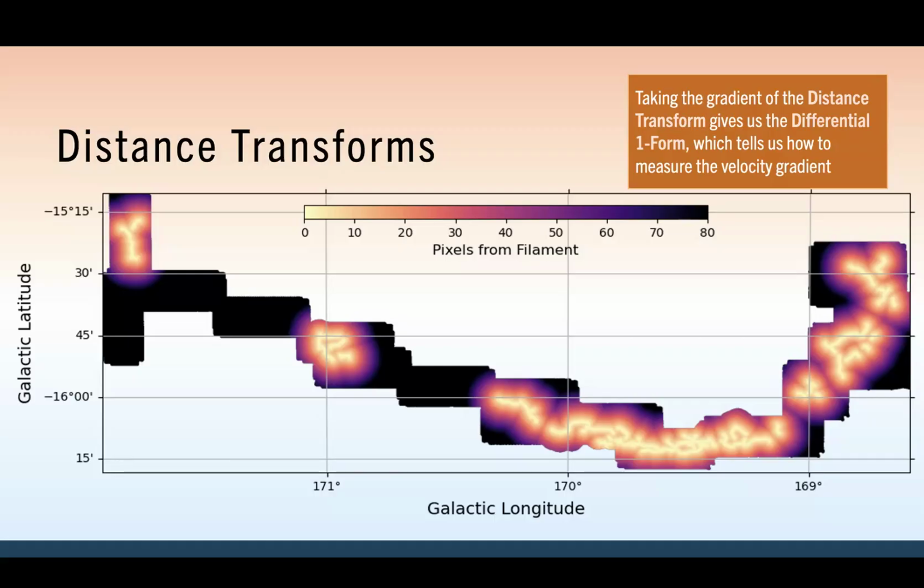Now, in the actual analysis, I did not put all of the distance transforms for the filaments together, because in regions like B211, the filaments are all too close together, where sometimes when you're trying to analyze this filament, you may be a little bit closer to a different filament, which could make some of your differential one-forms a little bit confusing.